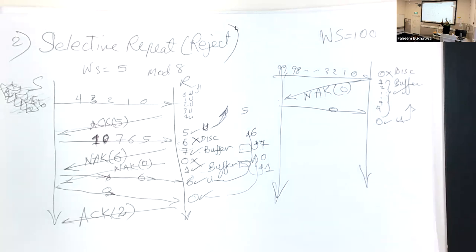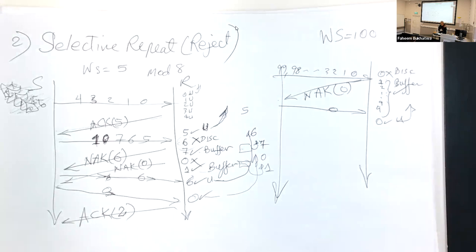Remember, whatever the window size, say 100, that means we'll be sending 100 frames. The worst case I'm showing you is if the first frame is bad. Of course we don't keep a bad frame, we discard it, but we must keep the rest of them. So in the worst case, you need to be able to store as many frames as window size minus 1.